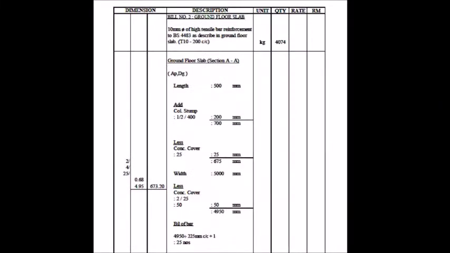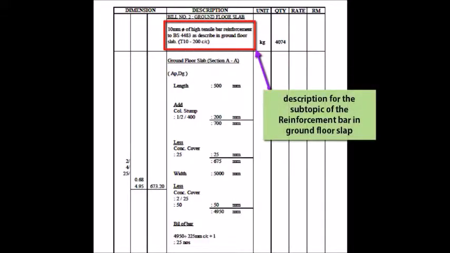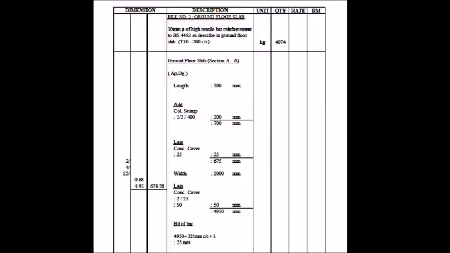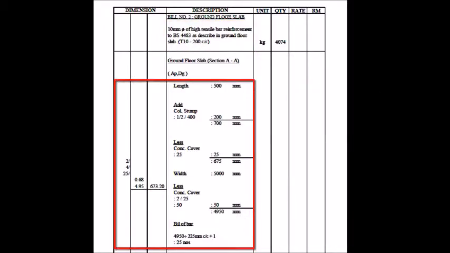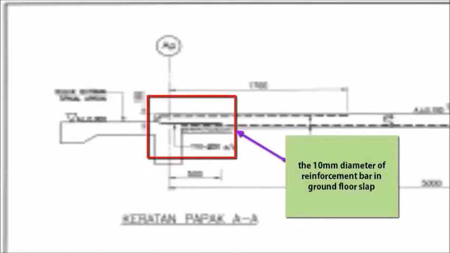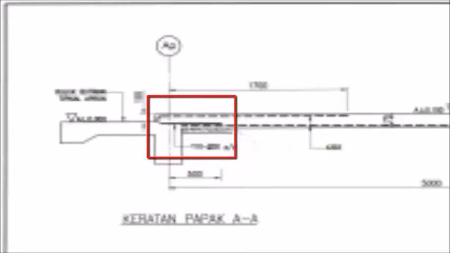Now we move on to the next subtopic of the quantity measurement in ground floor slab. The next subtopic description is 10 mm diameter of high tensile bar to BS4483, as described in ground floor slab. Let's go back to the ground floor slab detail plan to see the positioning and the size of steel bar placed in the ground floor slab.